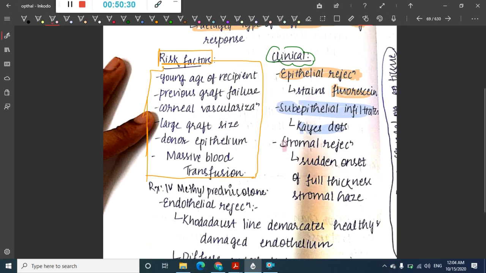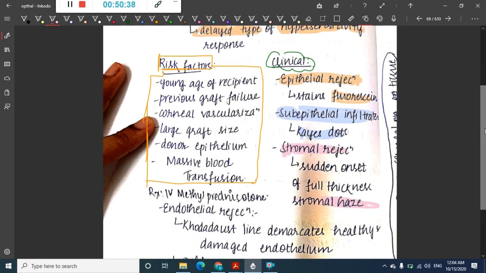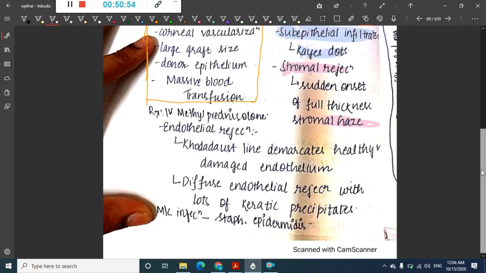And we have stromal rejection, where you see sudden onset of full thickness stromal haze.